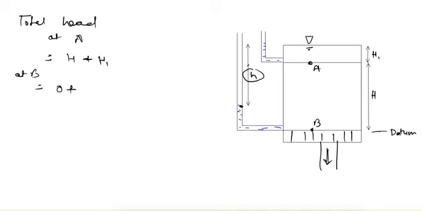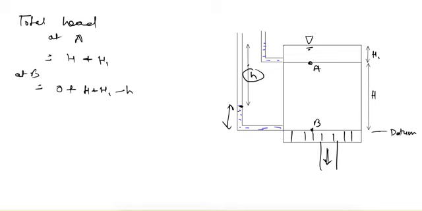So this much is the head loss, small h, and so the remaining pressure head is H plus H1 minus small h. So H plus H1 means this total height, and minus h, so we'll get this height. This is our pressure head.